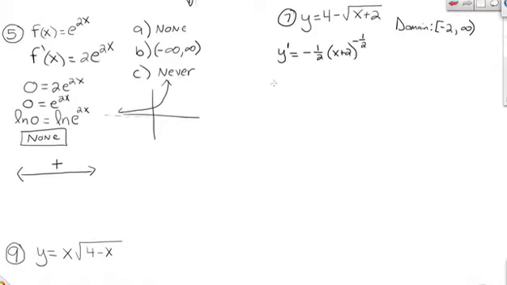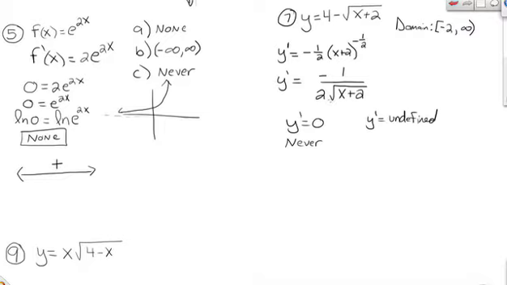So simplifying this down a little gives me, I'll leave the negative on top just for fun, negative 1 over 2 square root of x plus 2. Alright, so now we set this equal to 0, and I hopefully can quickly see that there are never any times where the derivative is going to equal 0, but then I also want to find out about undefined.